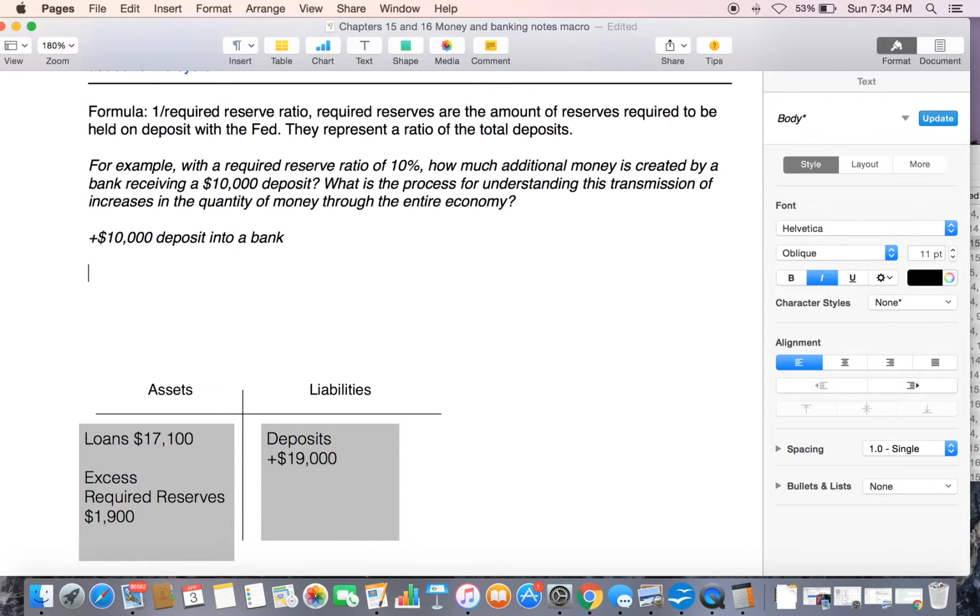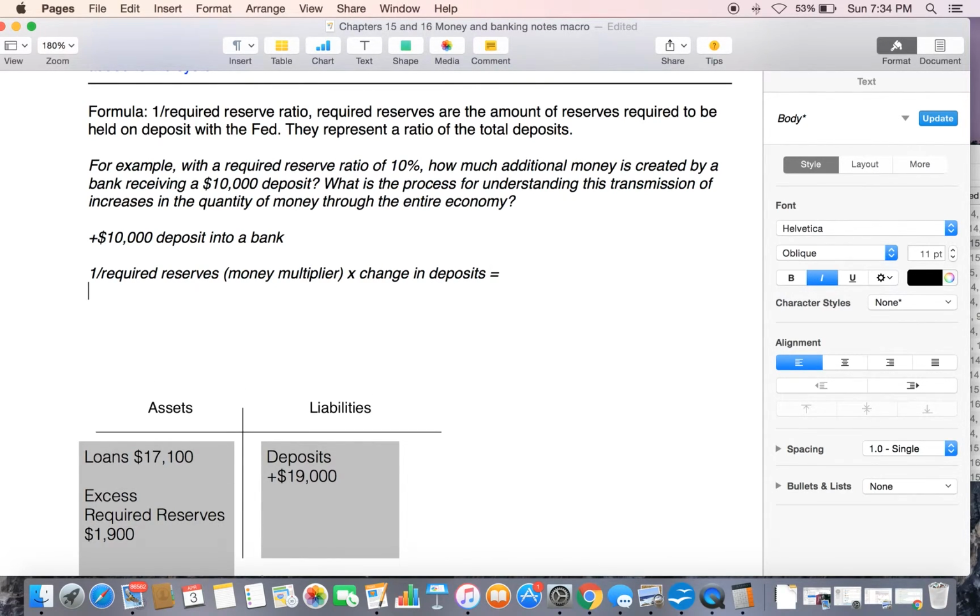And the way we can solve for it, because this will happen infinitely, is to take our money multiplier and multiply it by the amount of the initial deposit. So 1 over the required reserves, otherwise known as our money multiplier, times the change in deposits will show us how much the money supply has expanded.